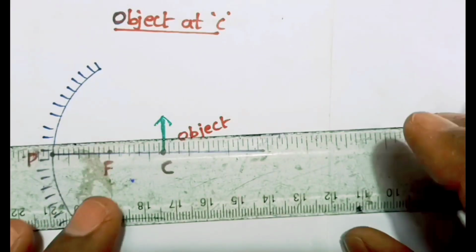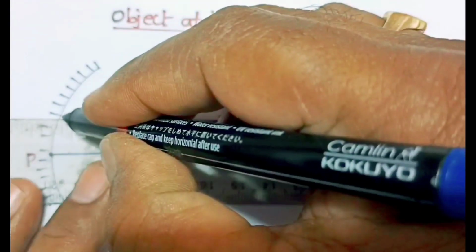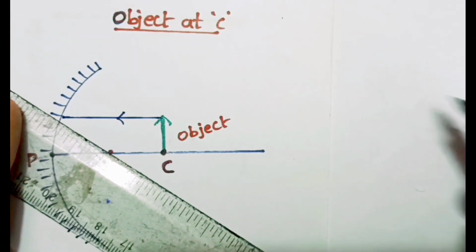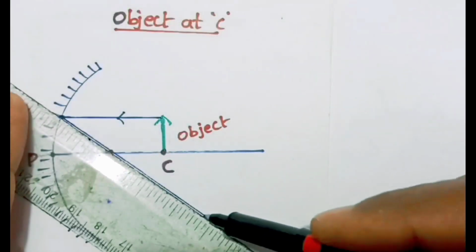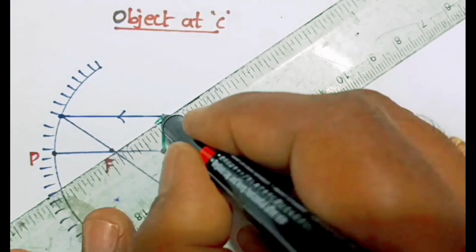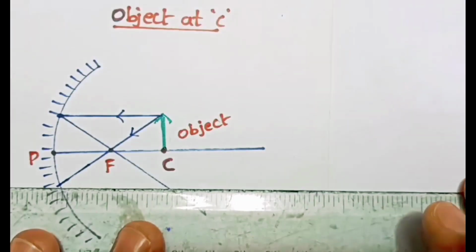Object at center of curvature. The first incident ray is parallel to the principal axis and it passes through the focus after reflection. The second incident ray is passing through the focus point and it becomes parallel to the principal axis after reflection.